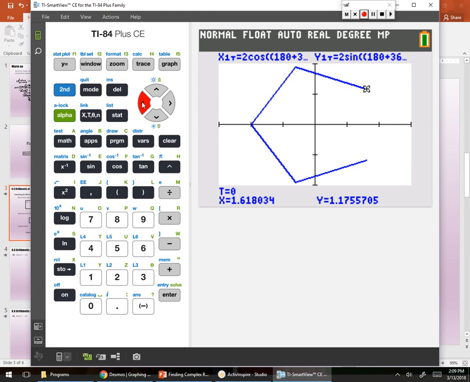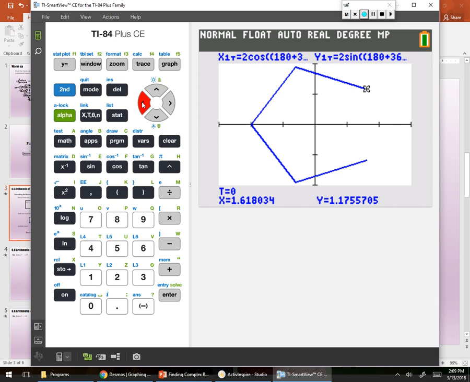And then in the next column, for the complex number in rectangular form, you'll write 1.62 plus 1.18i. You with me on this? X is the real part, y is the imaginary part here.